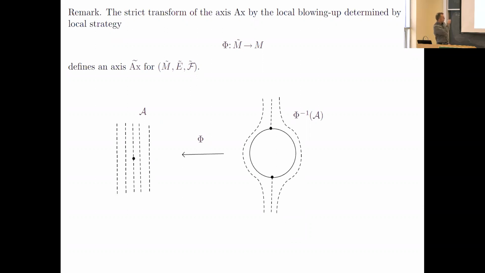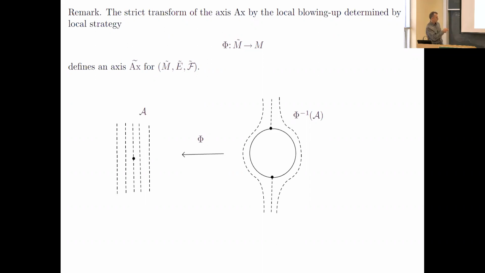But when you blow up a point and you look at the pullback of a regular foliation, you necessarily introduce singularities. Okay, so you see here that they appear here. So there is one singularity here, which is of saddle type, and one singularity here below, which is also of saddle type. Okay? So in principle, in these 2 points, you no longer have an axis because the foliation given by calligraphic A is singular, right?